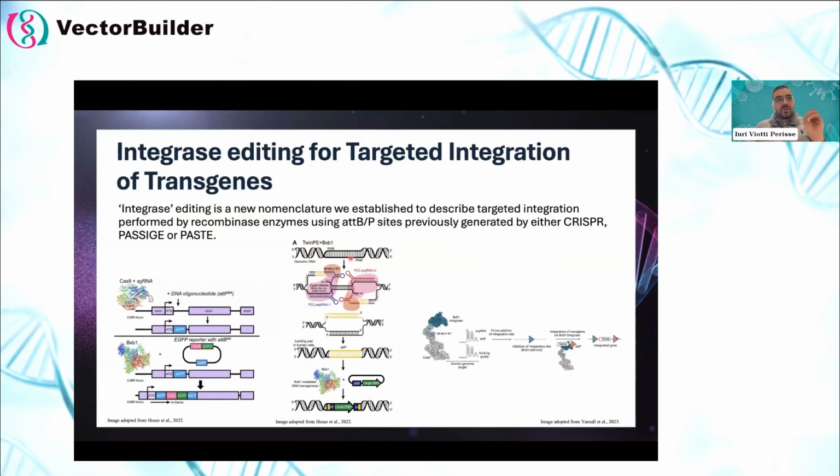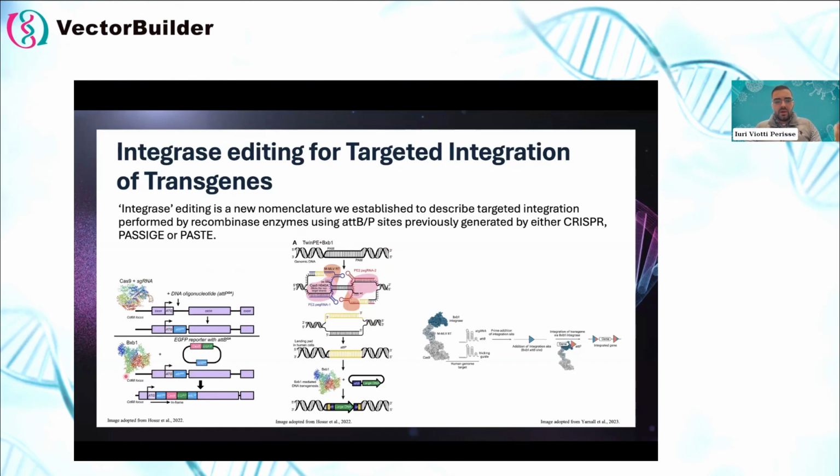So the principle is pretty much the same regardless if we're using a Cas9, a twin primer editor, or a base editor, or this base editor that was created by this group here. So essentially, you're going to use a Cas9 or twin or that paste to insert either an ATTP or ATTB sequence inside of your target genome.